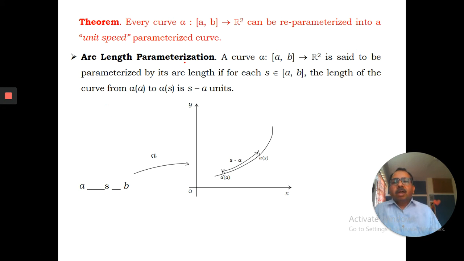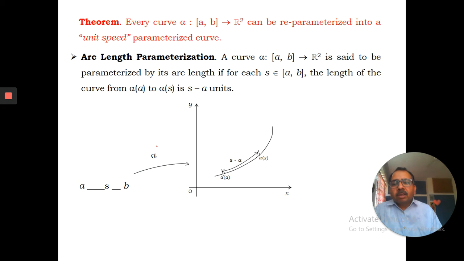So next is arc length parameterization. A curve alpha from AB to R2 is said to be parameterized by its arc length if for each s belonging to AB, the length of the curve from alpha A to alpha s is s minus A units. What does it mean? This alpha is a parameterization of this arc.